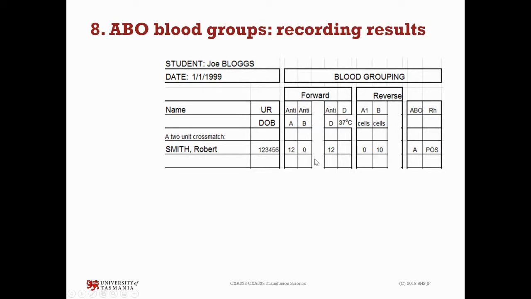Something happens that disrupts this pattern, and that's when we call it a discrepancy. When you're looking at your ABO blood grouping reactions, you should always get at least a 10 with your agglutination reaction. Any less than 10 is considered a discrepancy. And we'll see why in a minute.